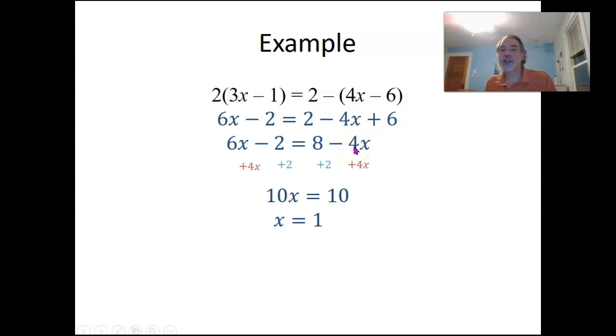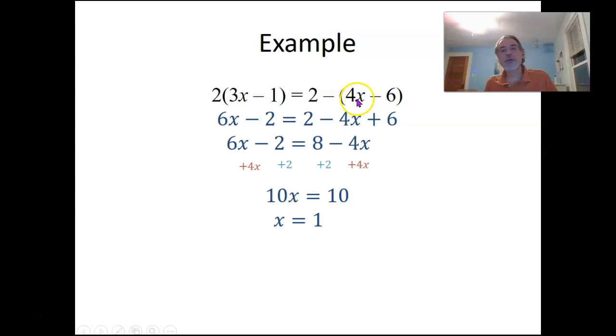But if you're not sure, if you want to check, we can go back up to the equation we started with, put 1 in place of x, and make sure the two sides of the equation do evaluate to the same number. Over on the left, if x is 1, inside the parentheses, 3 times 1 is 3, minus 1 is 2, and then the 2 times the 2 would be 4.